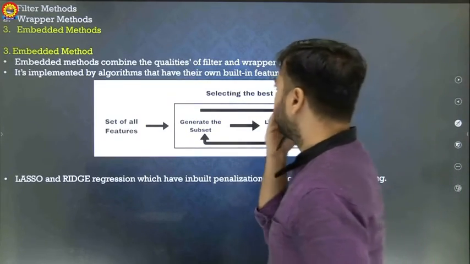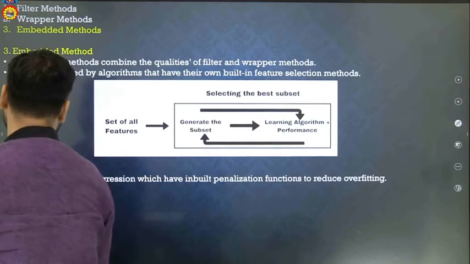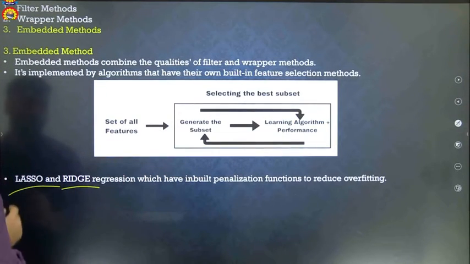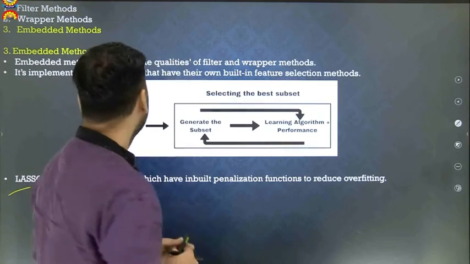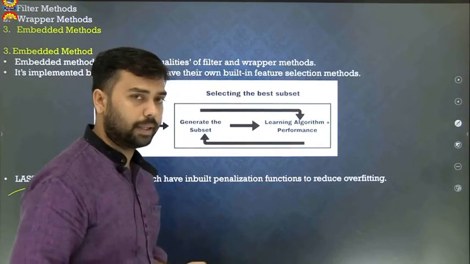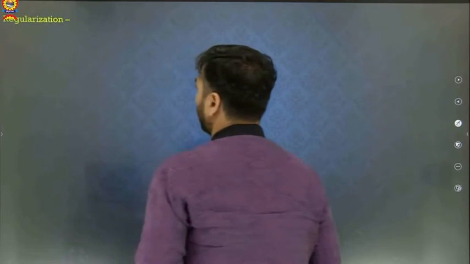Lasso and ridge are two methods which are used in this embedded method. There are lots of methods, but these two are popular. Now regularization means, suppose we are assigning a penalty.